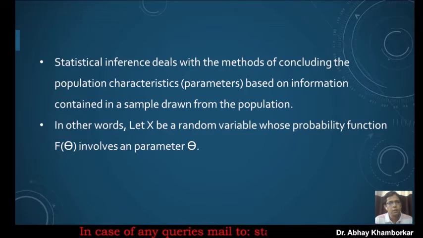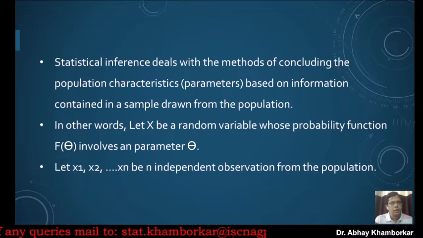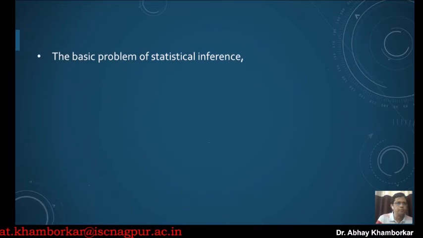In other words, let x be a random variable whose probability function f theta involves a parameter theta. That means the parameter theta is an indexing parameter. Let x1 to xn be independent observations from the population. That means x1 to xn is a random sample drawn from that particular population.